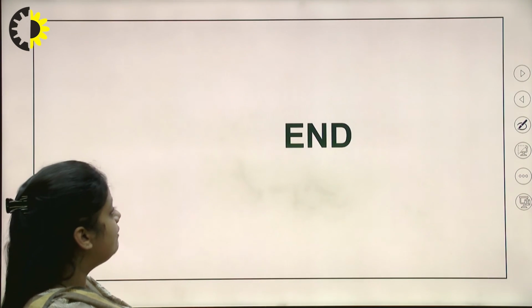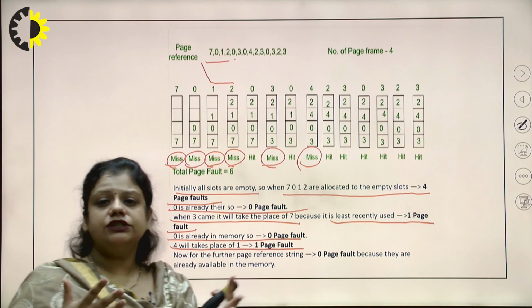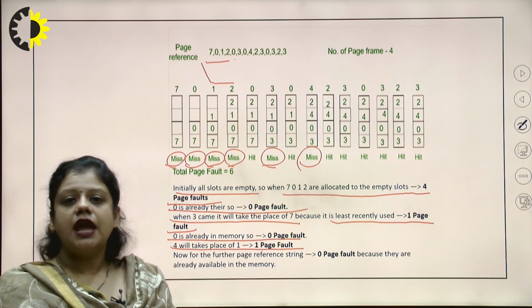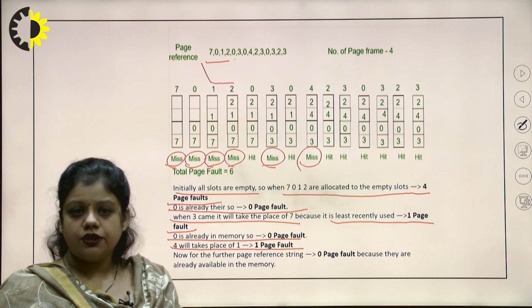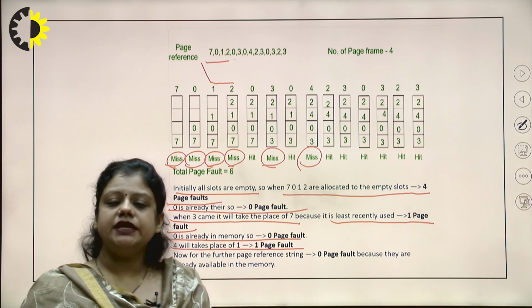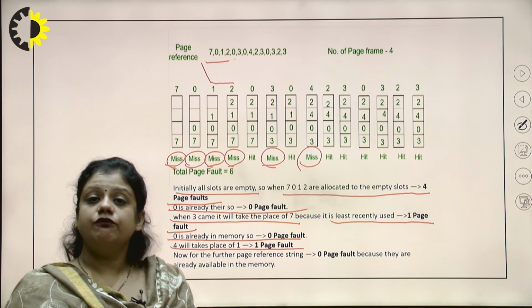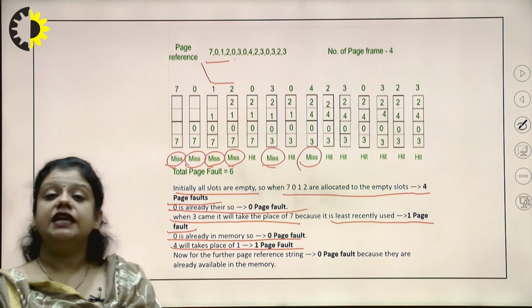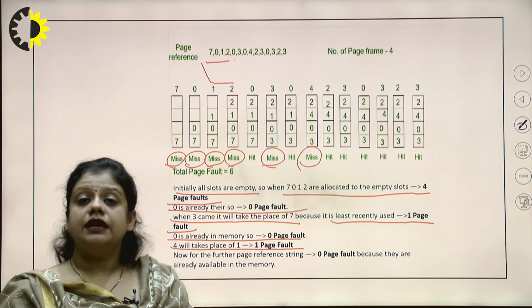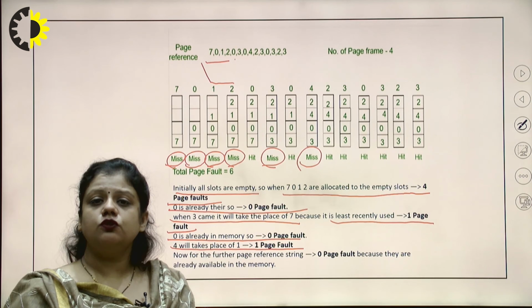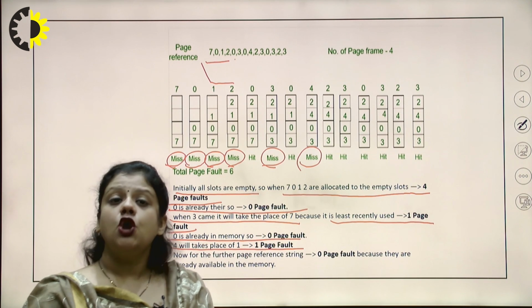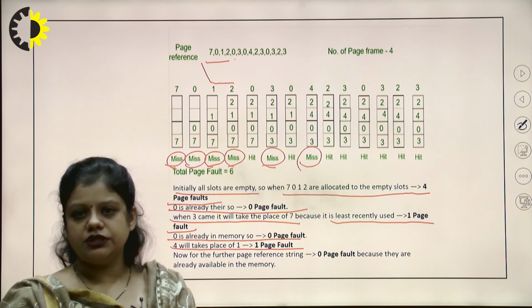So here we have come across the 3 replacement algorithms: first in, first out, optimal page and least recently used. In first in, first out, we were replacing the page which entered first, the first one to enter the queue. In the optimal page replacement, we take into consideration the future reference string, so we replace the page which will not be used for the longest period of time.